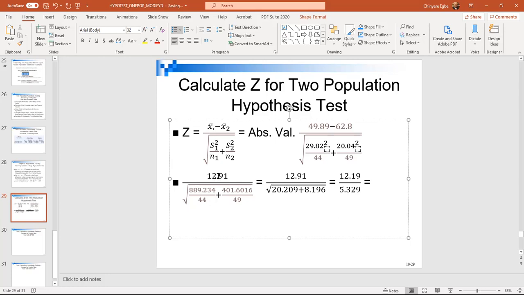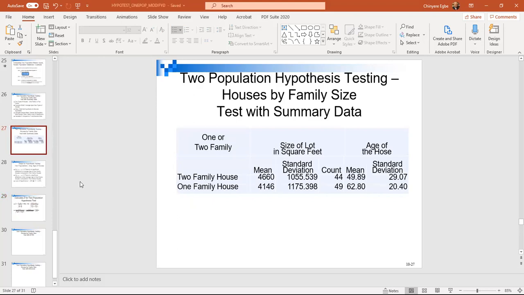This is not 12.91. You guys should correct me when I am wrong. You guys okay? 62.8 minus 48.9. Okay, that's correct.